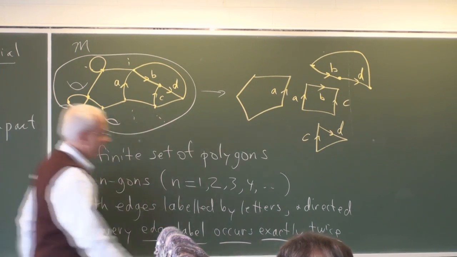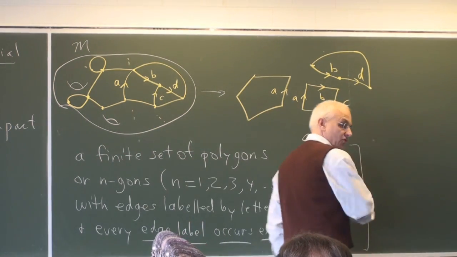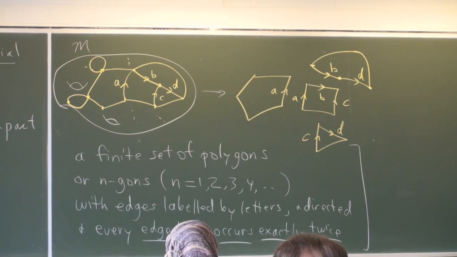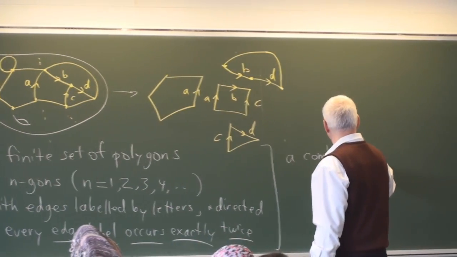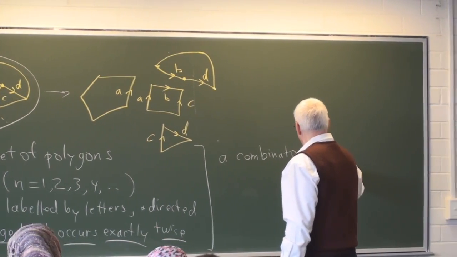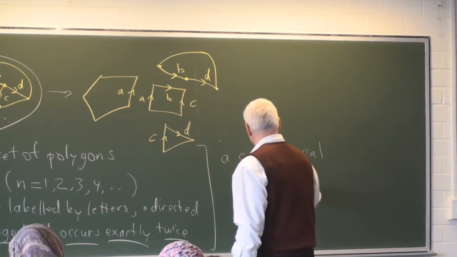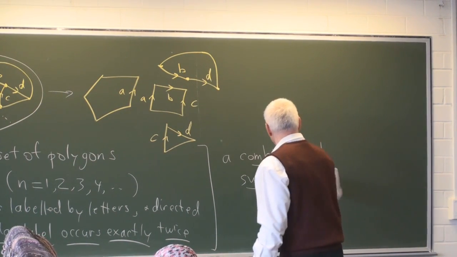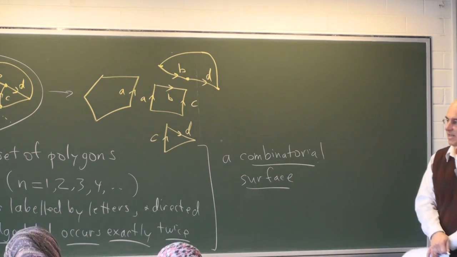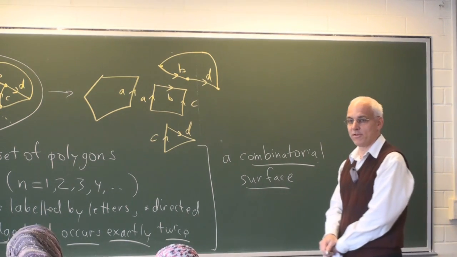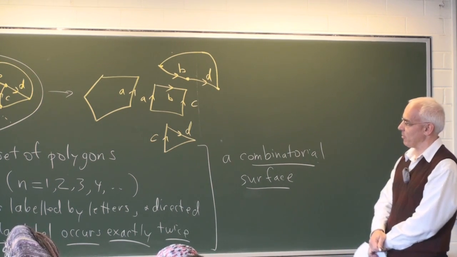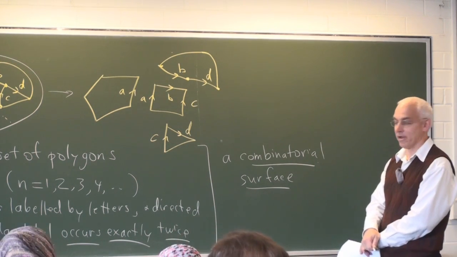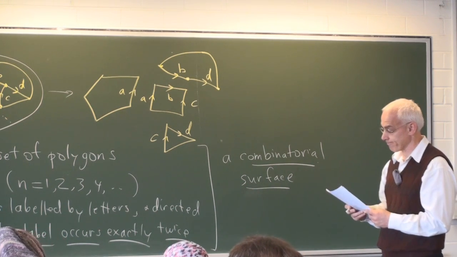And now we could actually make a definition. We could say that this structure is what we mean by a combinatorial surface. That's a finite set of polygons with directed edges labeled by letters, with every letter appearing exactly twice.